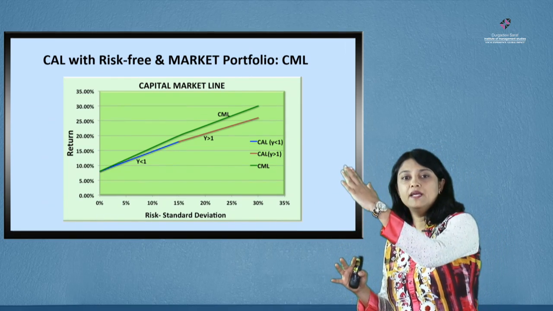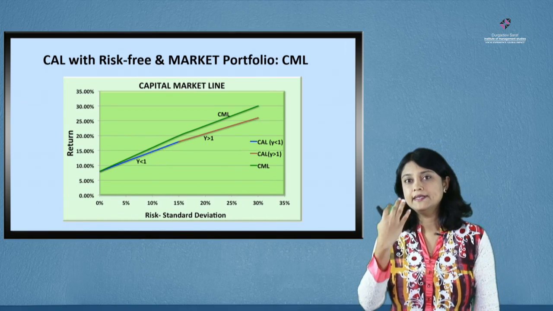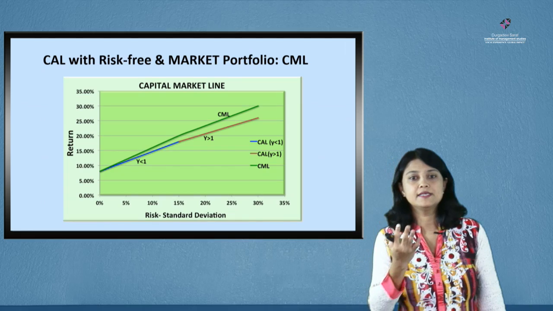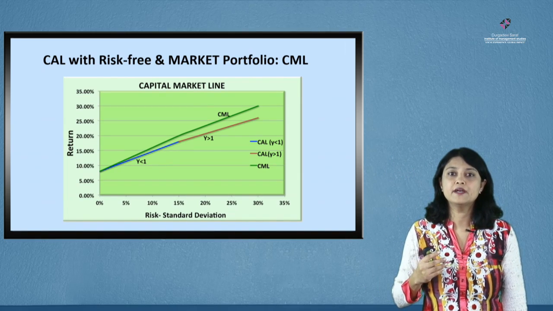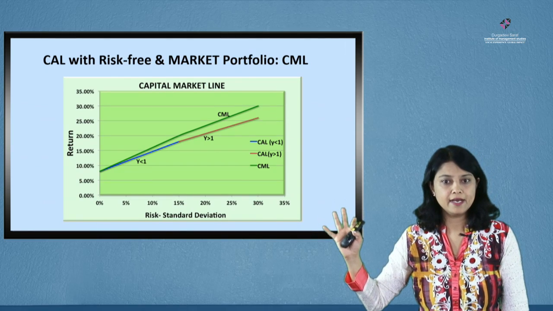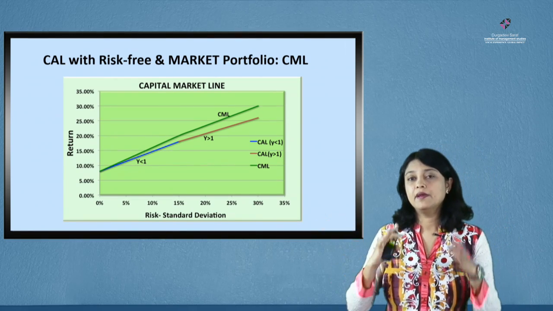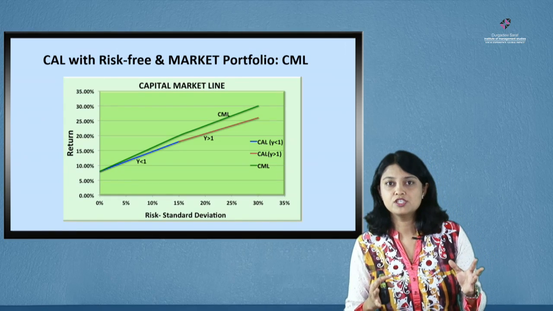So the capital market line normally yields better returns, has lesser risk, so it is superior to the capital allocation line as shown in the graph.